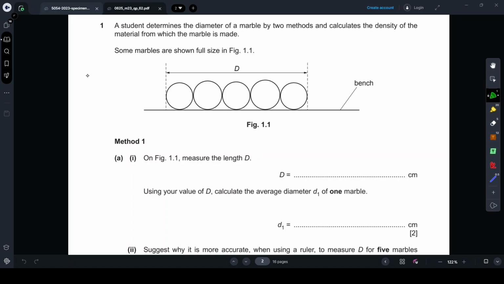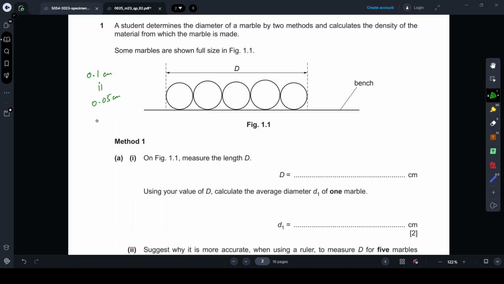And you can measure right up to 0.1 centimeter, as the markings are given. And if the value is falling between two marks, each signifying 1 millimeter, you can estimate up to 0.05 centimeter. So that's half a millimeter.